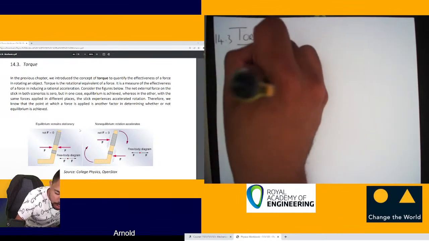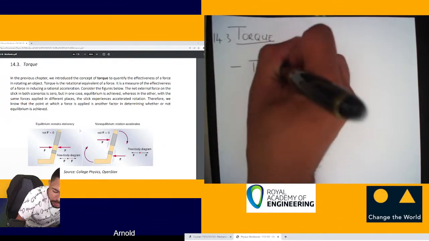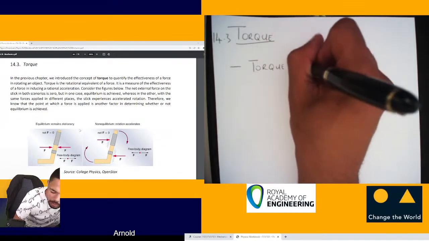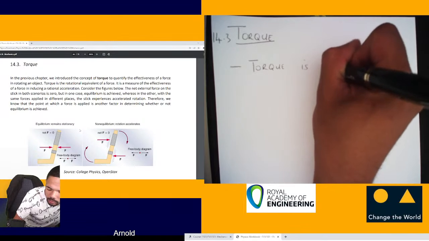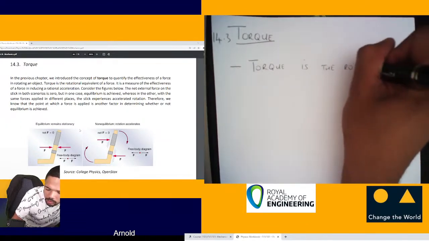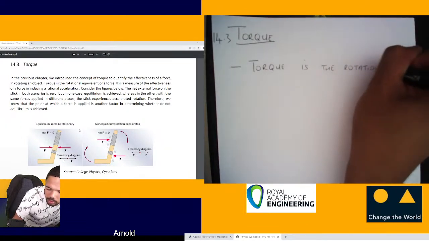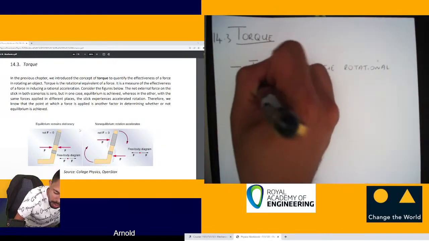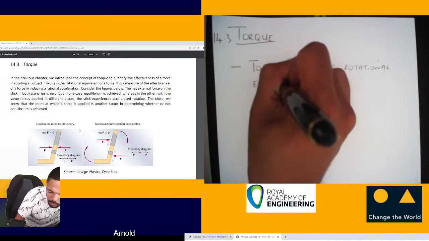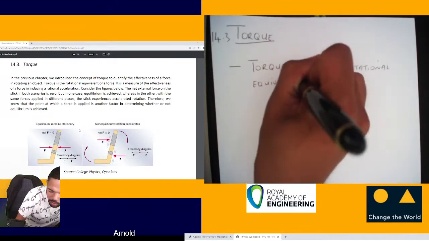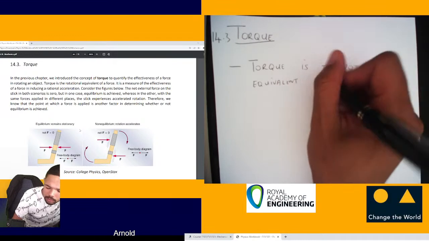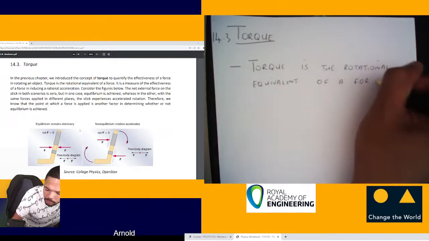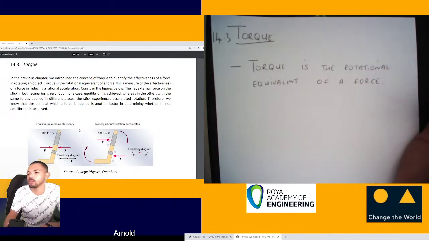Number one, torque is the rotational equivalent of a force.